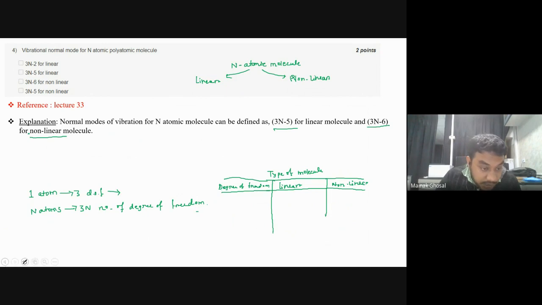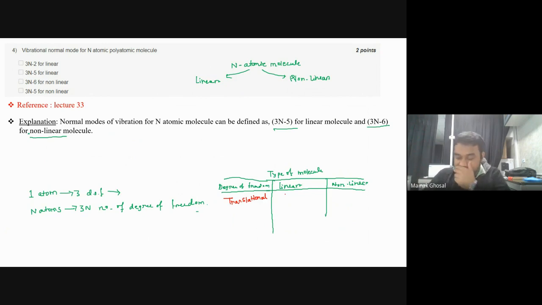So starting from the beginning, first of all, translational. A molecule that is linear can move along either x, y, or z. So it can move in any of these three directions.